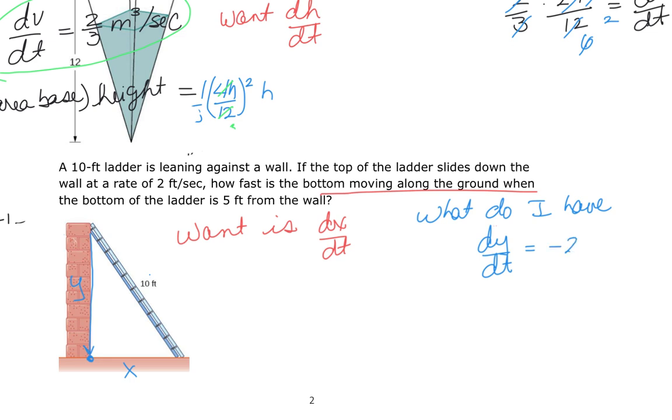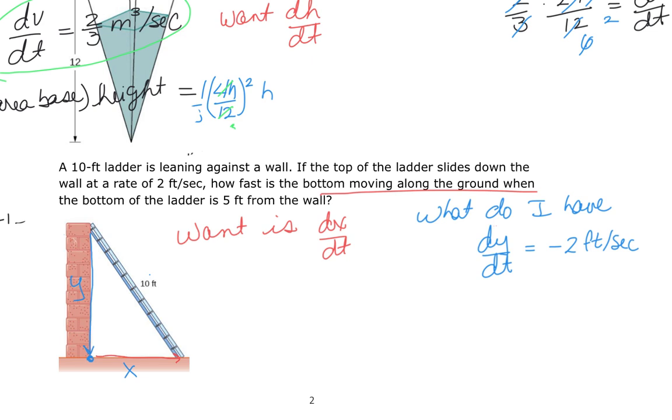This is -2 feet per second. It's getting closer to the origin, so the distance is decreasing, that's why it's -2 feet per second. So units matter and directionality matters. Since dx/dt is moving away from that point of origin, I expect it to be a positive number.